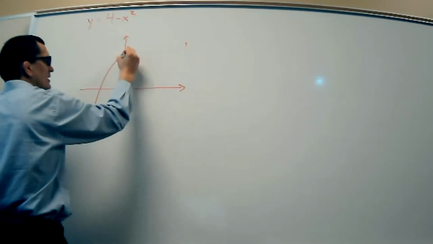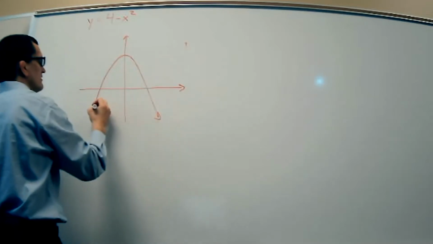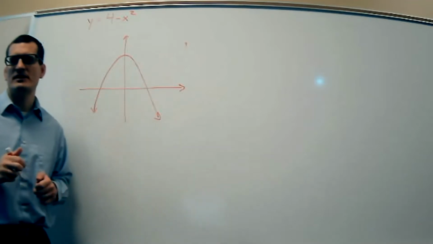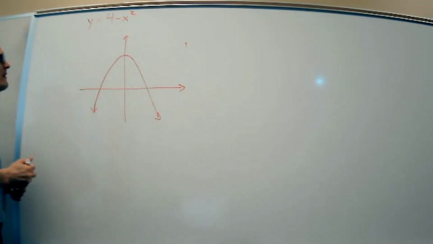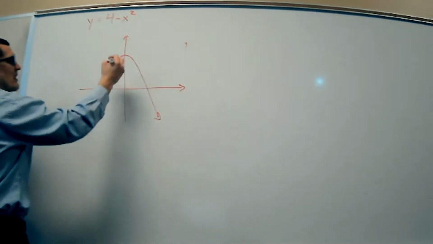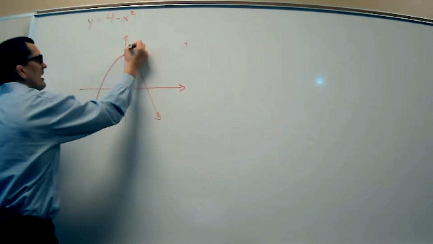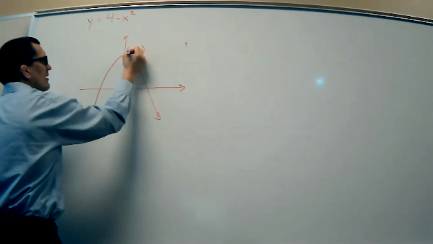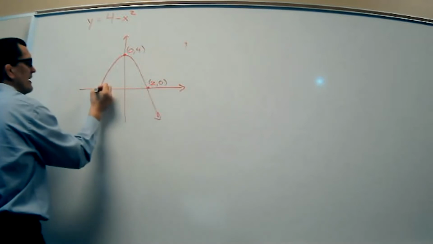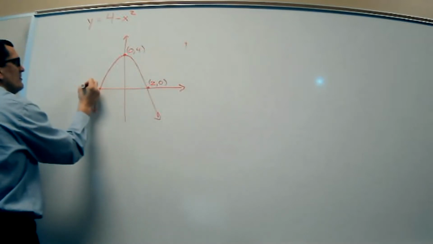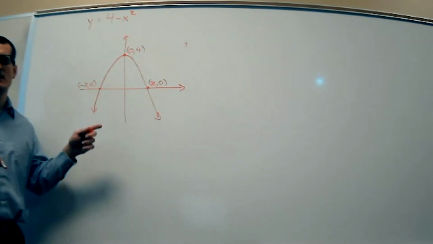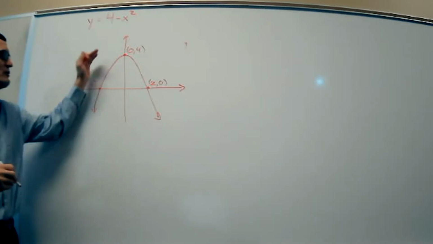This is a parabola pointed down. I'm not real accurate on my drawing, but that's okay. Parabola pointed down, 4 minus x squared. This point up here is the point (0, 4). This is the point (2, 0). This is the point (-2, 0). That's the first curve.